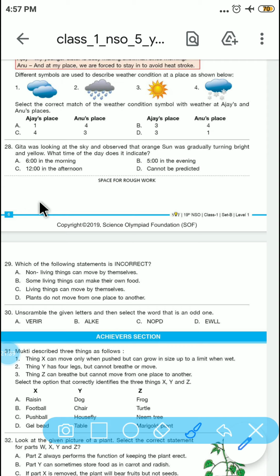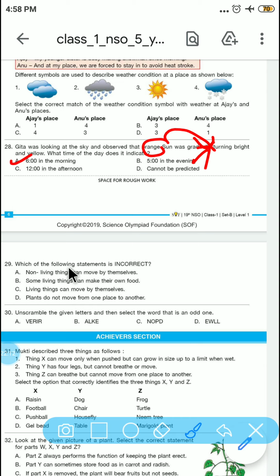Yes, it is, or 6 a.m. in the morning, because 5 p.m. in the evening doesn't represent the brightening nature of the sun. It is diminishing at that time. So which one is it? By the time of 6 a.m. the orange sun appears and then it starts turning into bright yellow. So option A will be the correct match here for the given question.